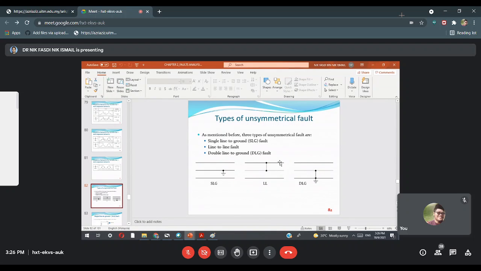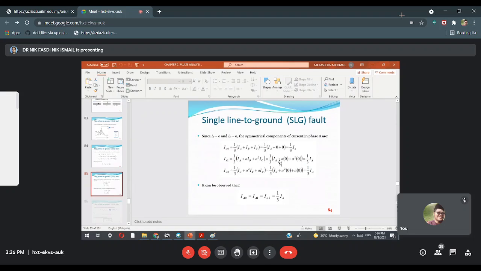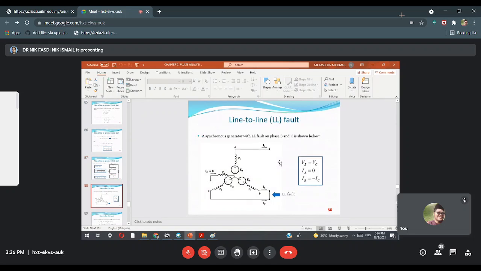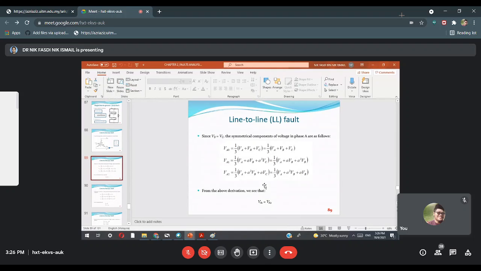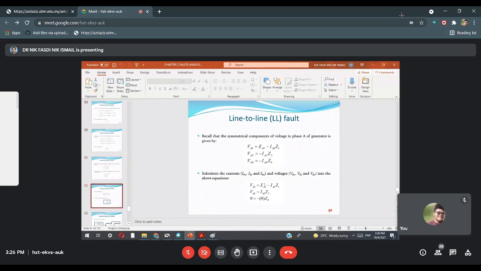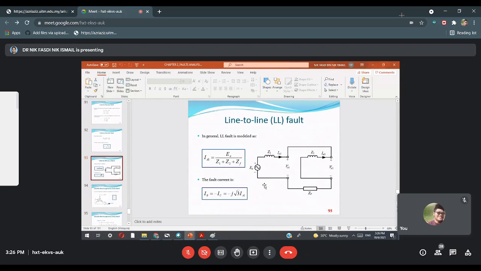Okay, for the example is line to line fault. Bila kata line to line fault, what you need to do, you need to refer to this, not single line, line to line yang ini. So ceritanya dia nak I fault. So basically you kena dapatkan nilai IA dulu. You dapatkan nilai IA positive sequence, and then this is the fault current, IB and then minus IC equivalent to minus j square root of 3 IA.